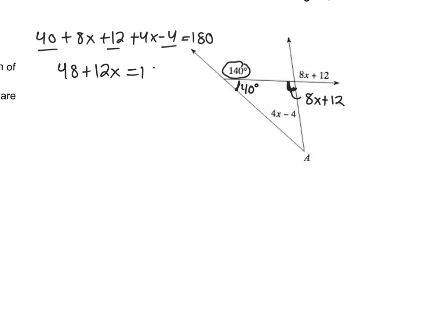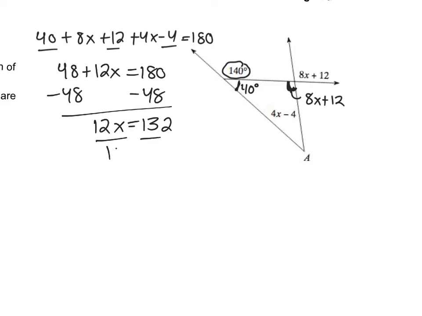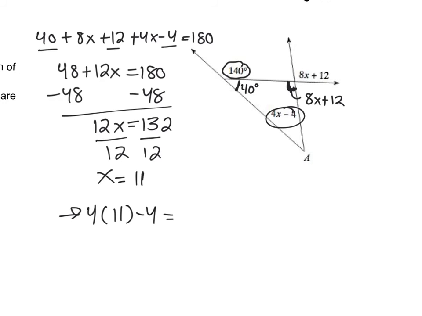Set it equal to 180 and subtract 48. So 12x is equal to 132. Divide both sides by 12, and x is 11. Now we find the measure of angle A, which is 4x minus 4. With x equal to 11, 4 times 11 is 44, minus 4 is 40.